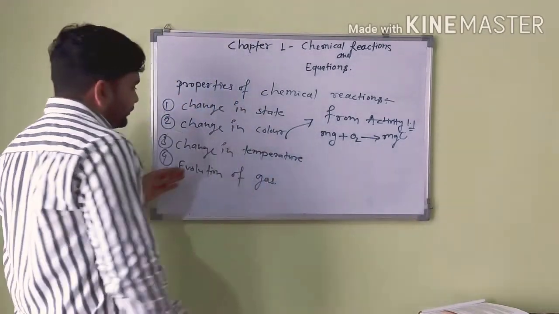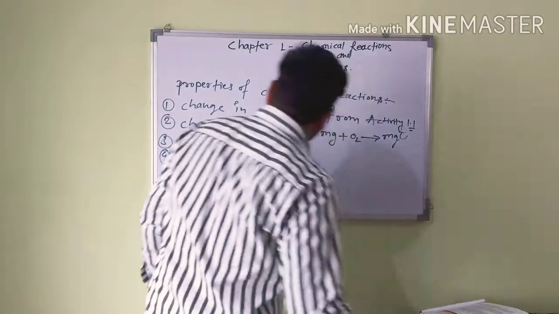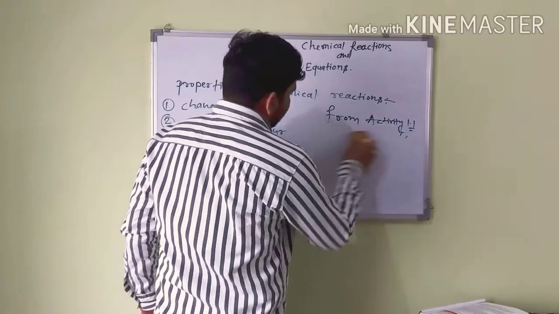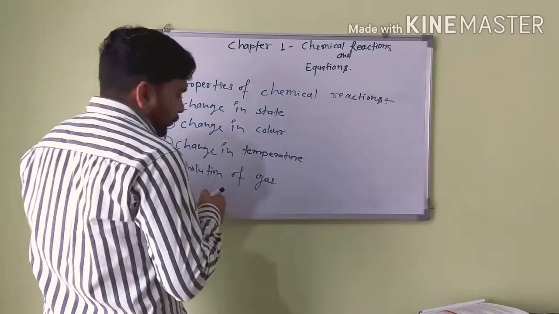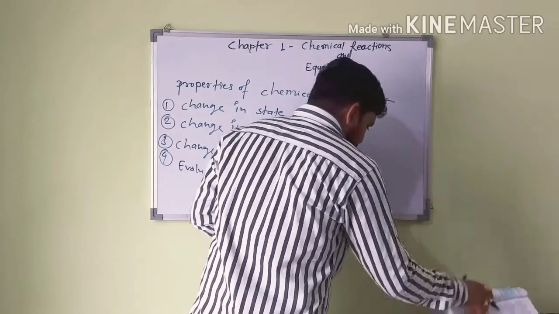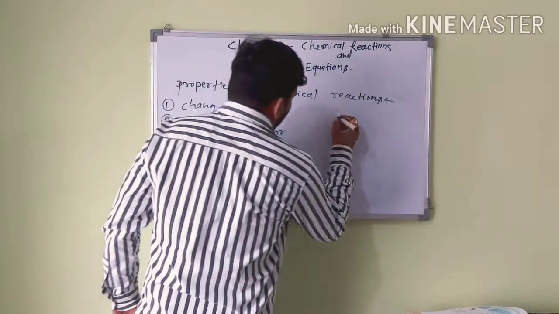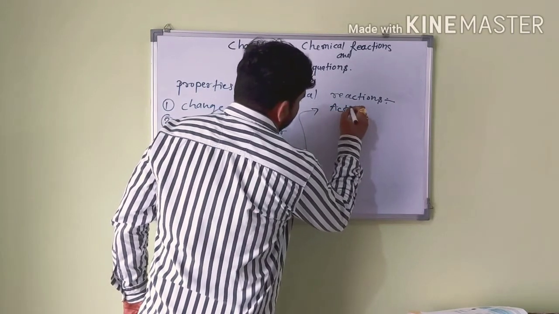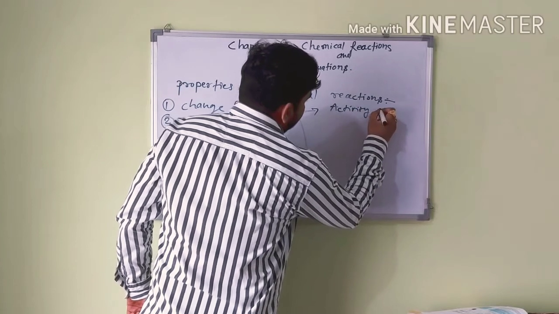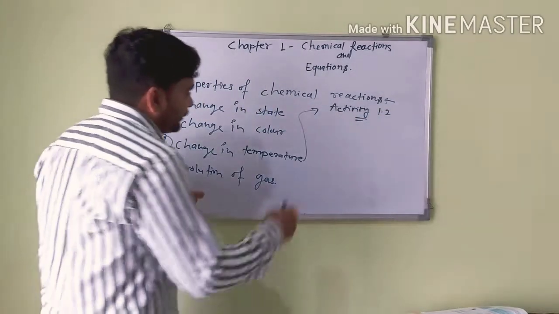And change in temperature. Also we can discuss some examples of change in temperature. How the temperature is changed, from activity number 1.2, change in temperature. In it we have taken zinc granules.